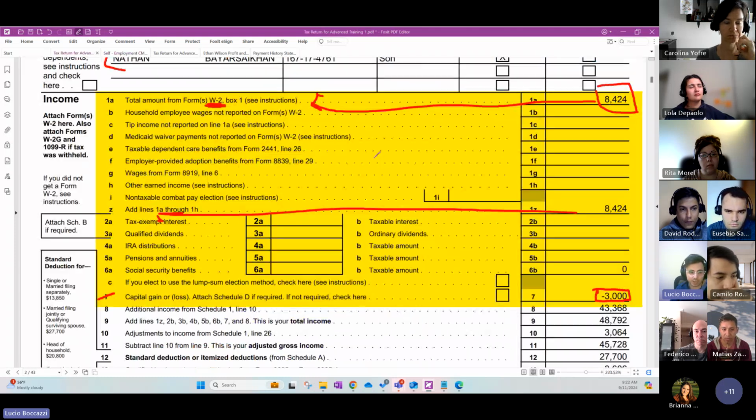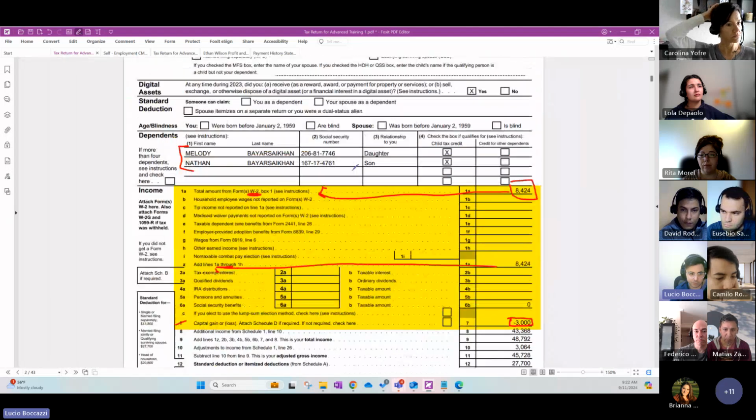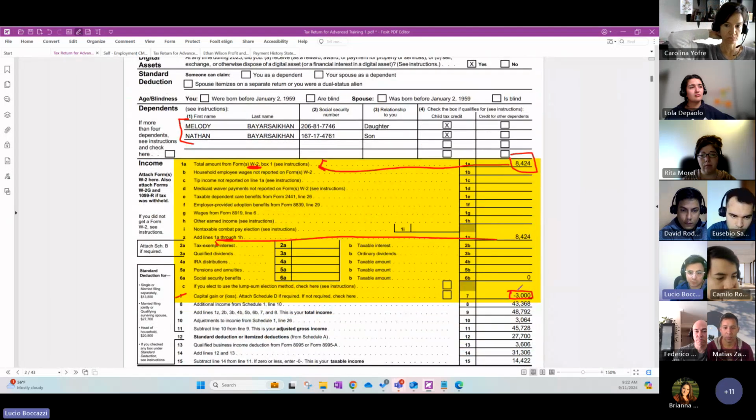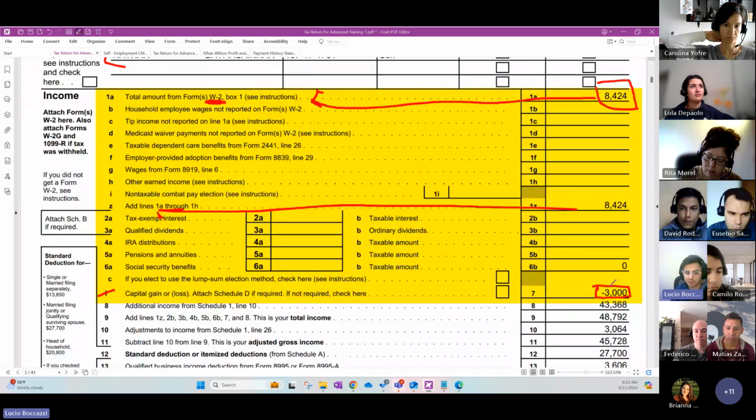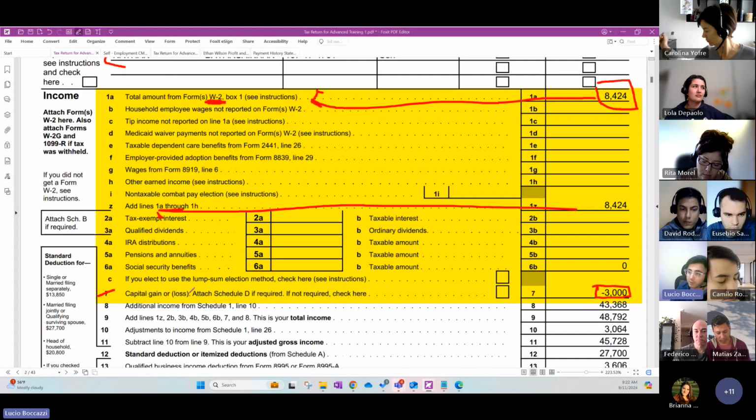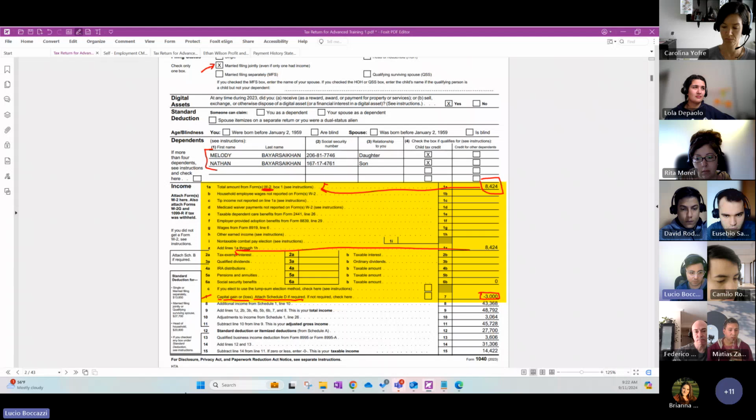So let's see what we actually mean with all of this. Anytime that you see an amount listed on a tax return, usually the description will let you know if there should be another form attached that is related to this amount. What do I mean with this? Here, since we have an amount, and I read here, capital gains or loss, it says attach Schedule D if required, meaning that if there is an amount here, I should have a Schedule D. So let's zoom out and find it then.